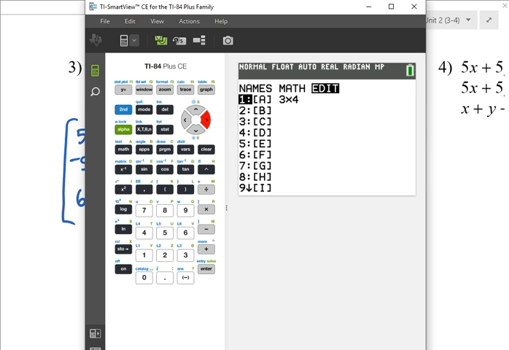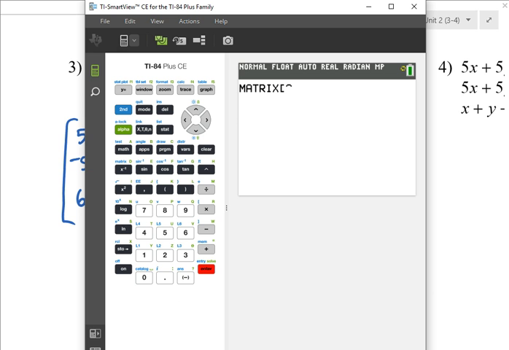My matrix A is already a 3 by 4. You're going to need to change yours to a 3 by 4. Right now, yours probably says a 1 by 1, right? So the size needs to be changed to a 3 by 4 if it's anything different than that. That means it has 3 rows and 4 columns.